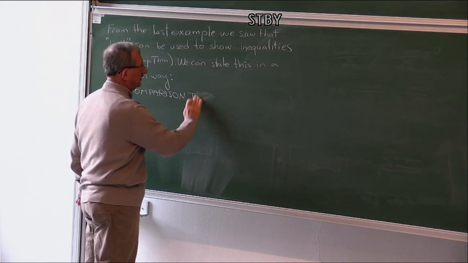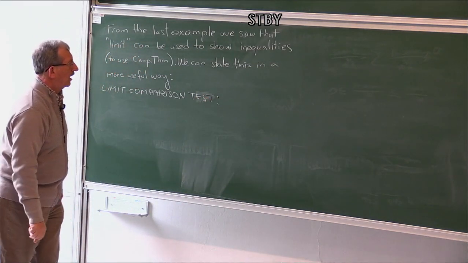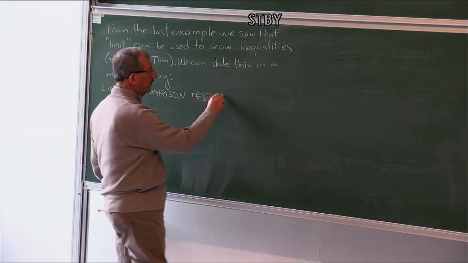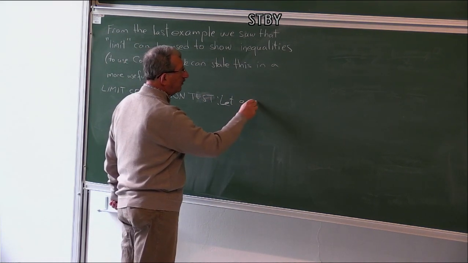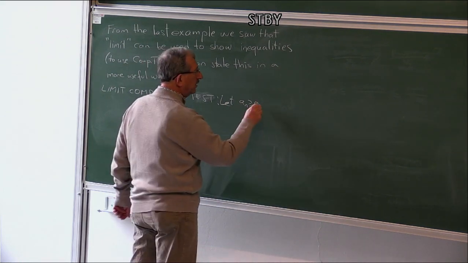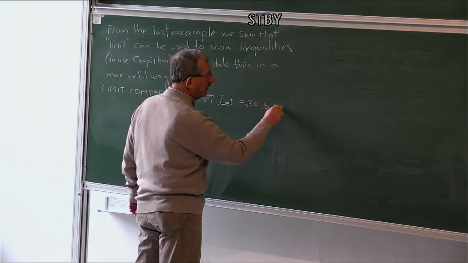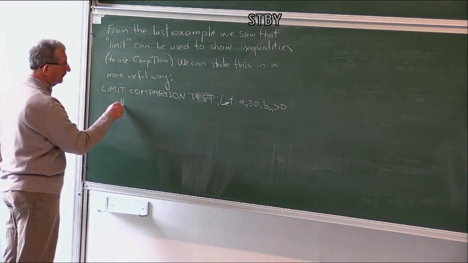Or just, let me say, test. Okay, here we have two sequences, and they will be positive, and because we will be dividing, we need Bn to be strictly positive, but again, ultimately.